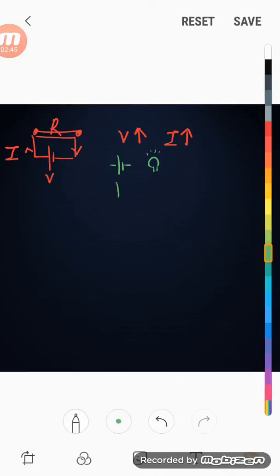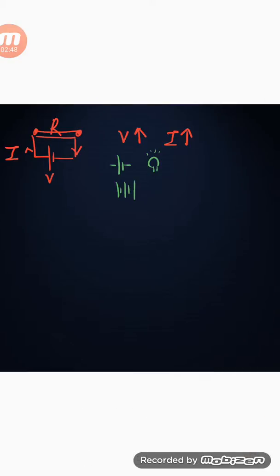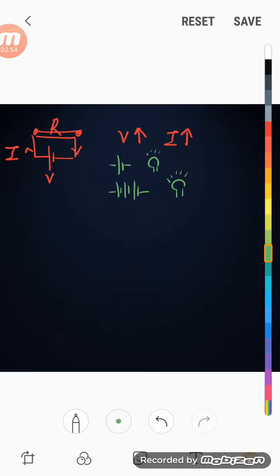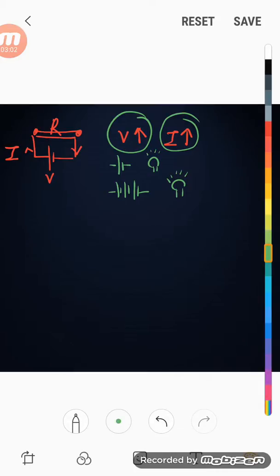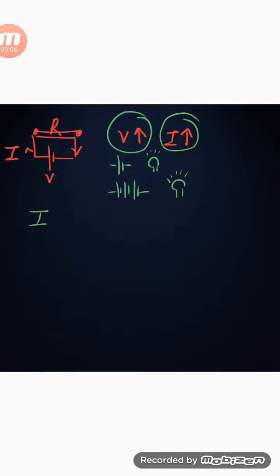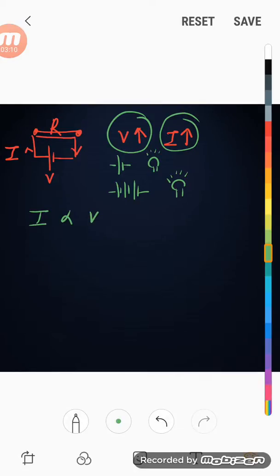If we apply many cells, the bulb will glow brighter, right? So if potential difference increases, current increases, and this is Ohm's law. The current in the conductor is directly proportional to the potential difference applied.